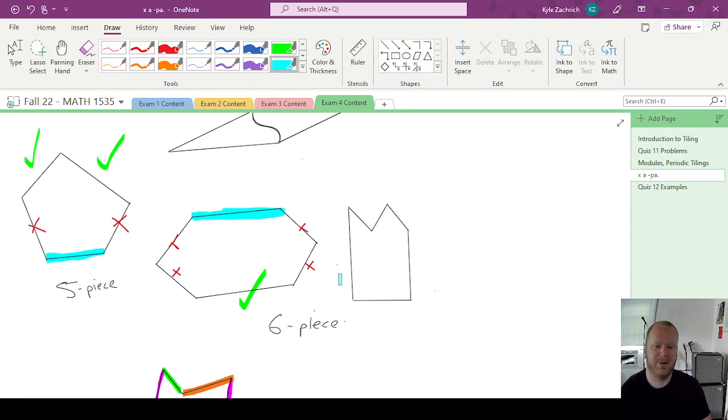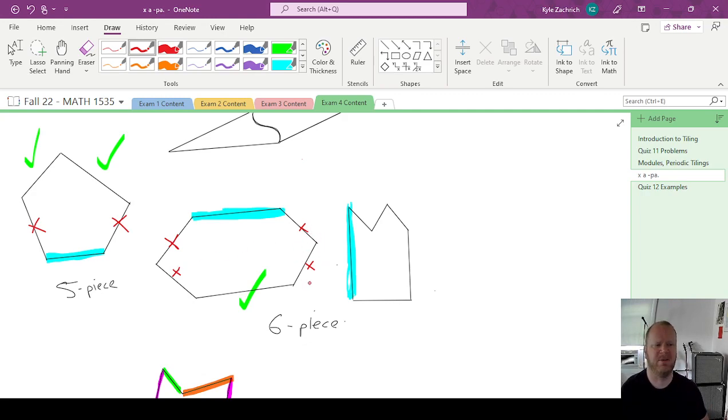What may not be super intuitive is if I look at this other 6-piece one, if I asked the general population, what's the opposite side to this piece over here? A lot of them would pick this side over here because it's on the opposite side. But our definition for opposite in 6-piece shapes is, notice here that we're counting 1, 2 pieces over on this side and 1, 2 pieces over on this side.